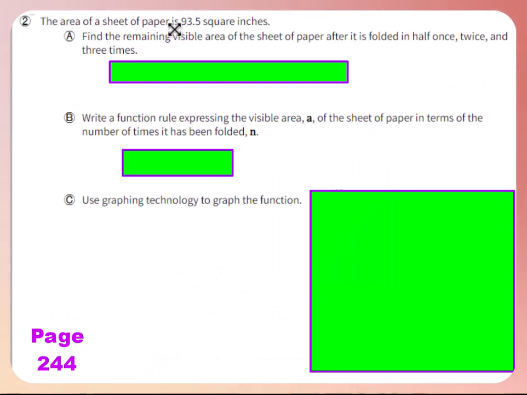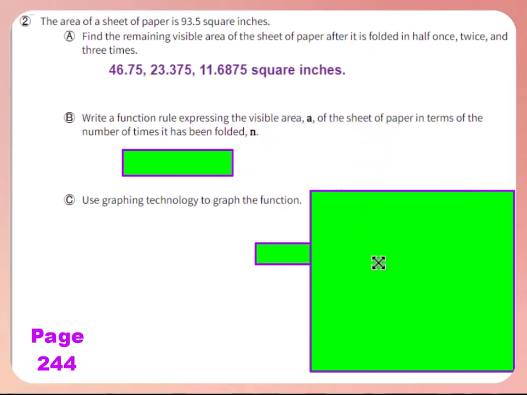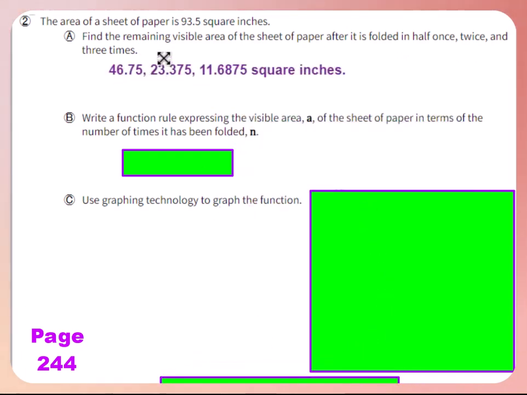All right, the area of a sheet of paper is 93.5 square inches. Find the remaining visible area of the sheet of paper after it's folded in half once, twice, and 3 times. So you're going to use this equation.